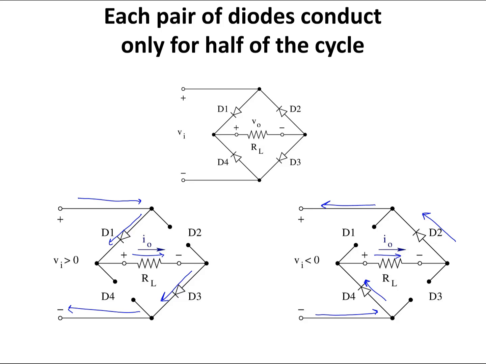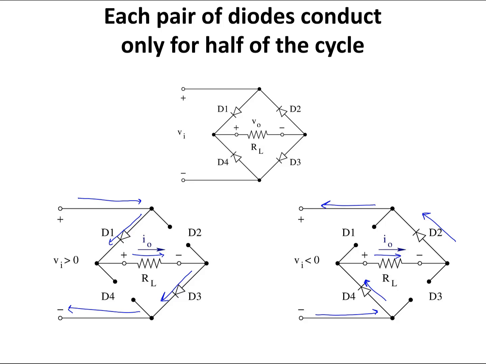So when Vi is positive, in order to turn D1 and D3 on, I need to have at least 2 times VD0 volts from my Vi to be able to make D1 and D3 forward biased. And when Vi goes above 2 times VD0 volts, the rest of the voltage is going to drop across RL.